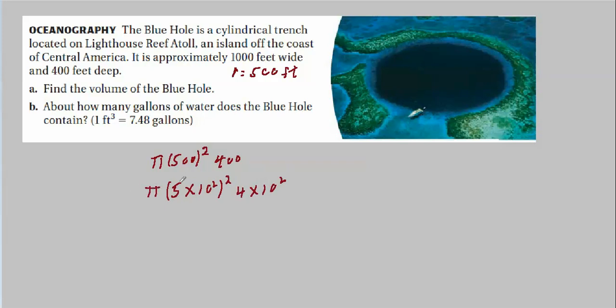But when you square this, you get 25. 10 squared is 10 to the 4th, right? You just bring the exponent in and multiply it here. In other words, 10 squared is 100. 100 squared is going to be 10,000, or 10 to the 4th power. Over here we have 4 times 10 squared, still.